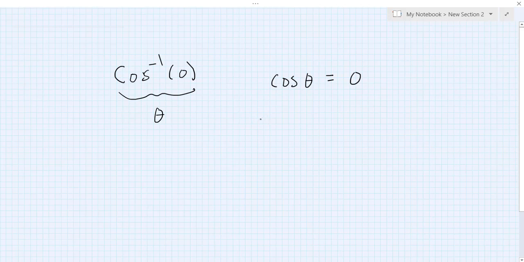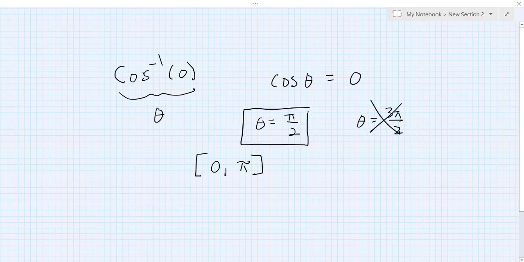Well, cosine of pi over 2 is 0, and cosine of 3 pi over 2 is 0. These two are both correct. However, we're dealing with an inverse. What's the restriction? 0 to pi. Unfortunately, 3 pi over 2 is not within the restriction. So the only answer is theta equals pi over 2.